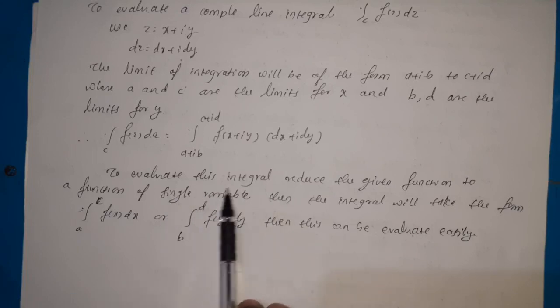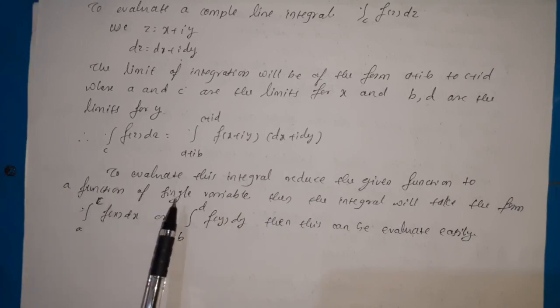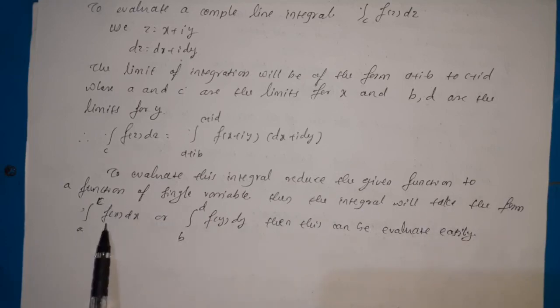So to evaluate this integral, reduce the function to a function of a single variable, then the integral will take the form integration from a to c of f of x dx, because a and c are the limits for x.